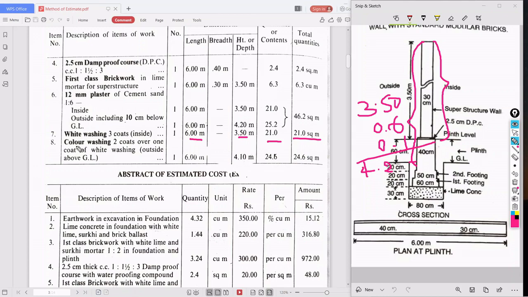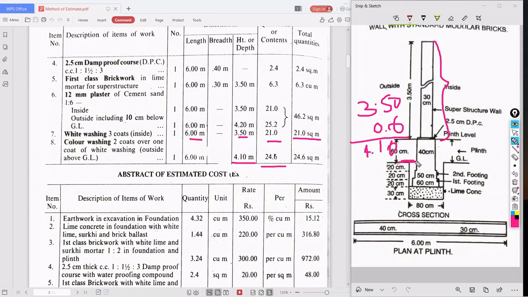Next is color washing, that is 2 coats over 1 coat of whitewashing. So 6 meter by 4.10, then multiply it, that is 24.6. 4.10 means 3.50 plus 0.6, which is 4.10.